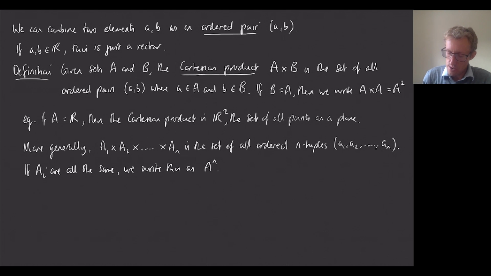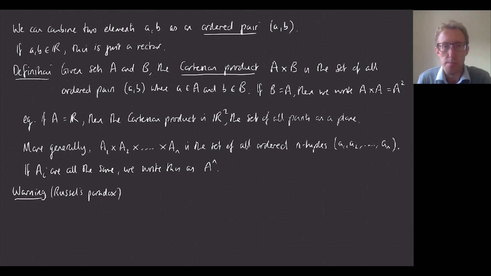I want to close with a warning, and this is about the vagueness of our definition of a set. So this is going to be Russell's paradox. And so Bertrand Russell was one of the mathematicians who helped kind of pioneer the development of set theory around about 100 years ago.